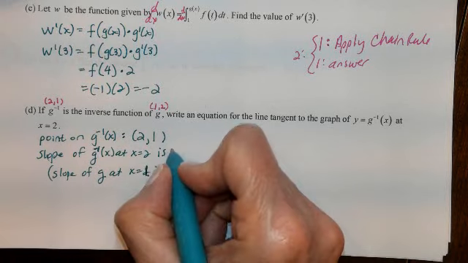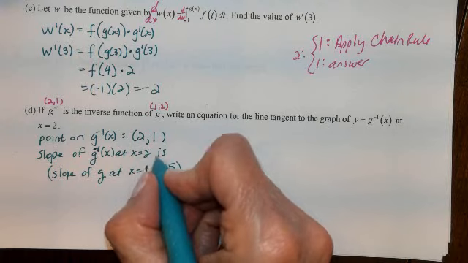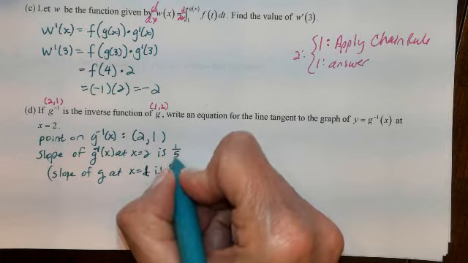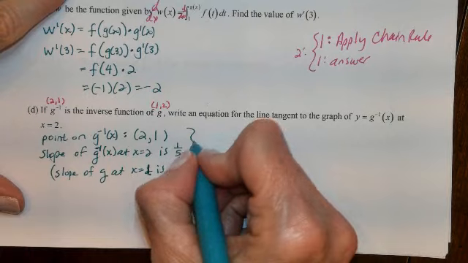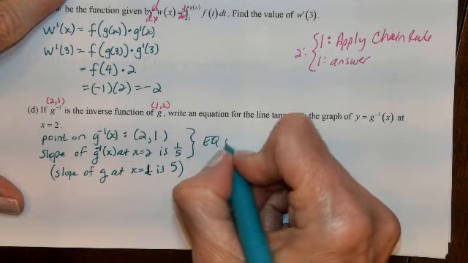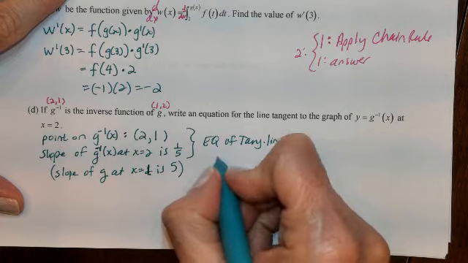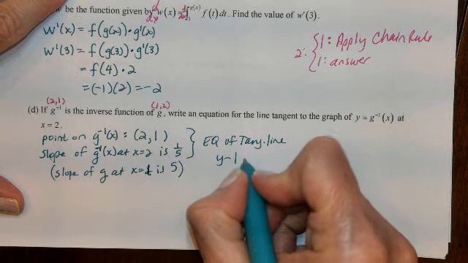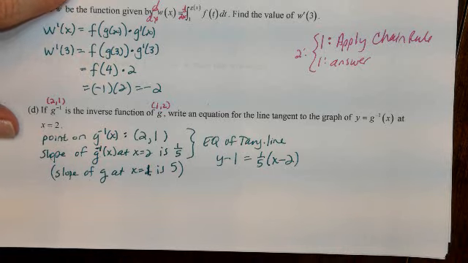So on G inverse, the slope at its corresponding point is 1 over 5, the reciprocal. So the equation of the tangent line will be y minus the y value is the slope times x minus the x value.